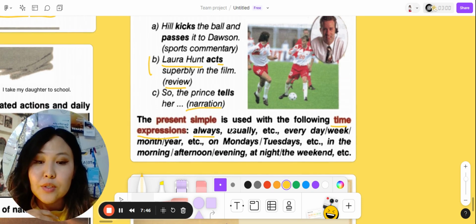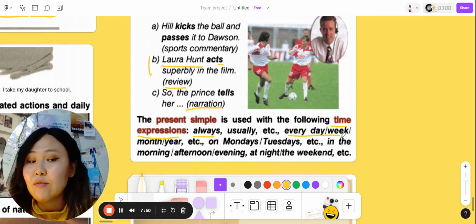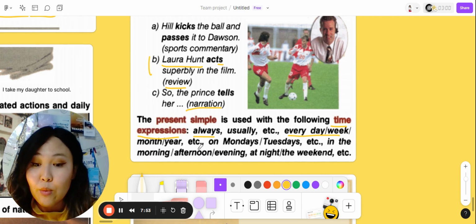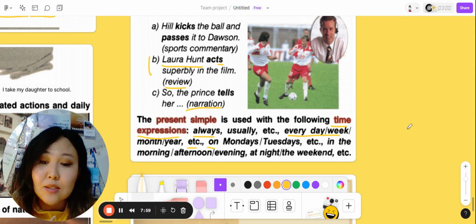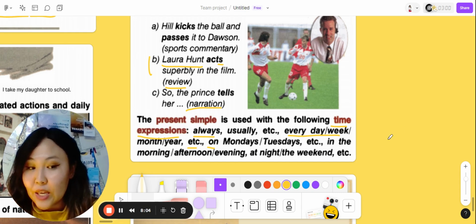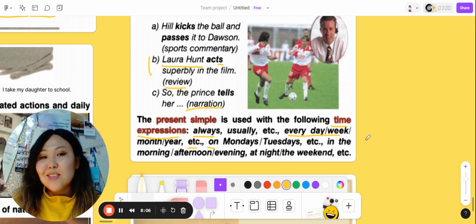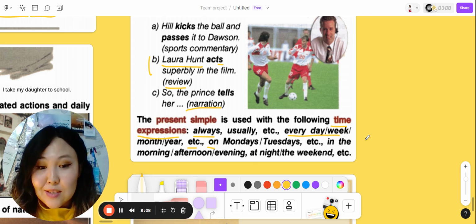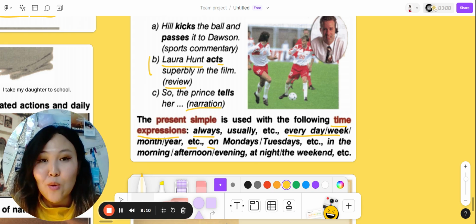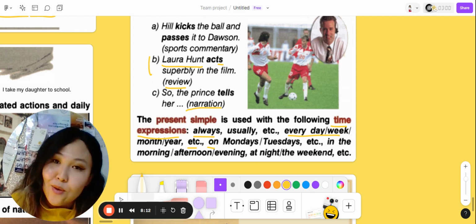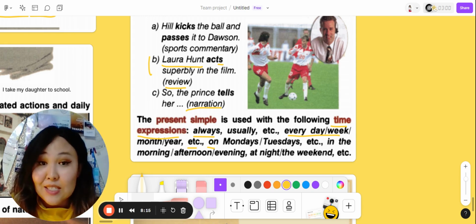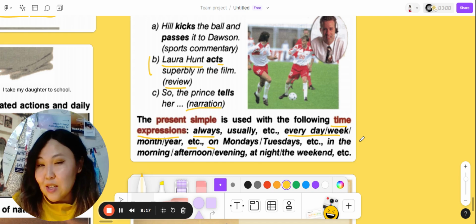They are the words, adverbs like usually, always, every day, every week, every month, every year, and etc. Also, we can use such ones as on Mondays, Tuesdays, in the morning, in the afternoon, in the evening, at night, at the weekend. So I can say that we meet twice a week. We meet on Tuesdays and Thursdays, or we meet on Wednesdays and Fridays. So this is an example about us.